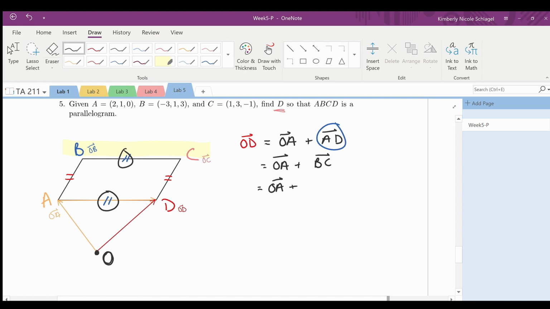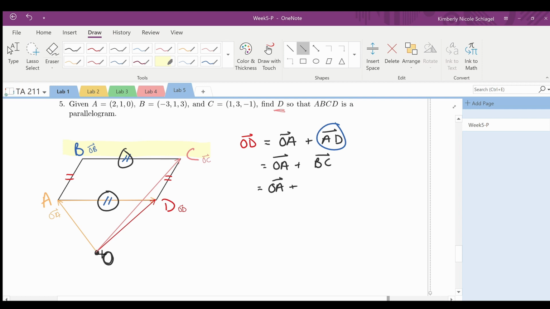So similar to last time, we're going to want to take something that we know and subtract something else. Okay, so I'm going to just go from OC. So I'm going to write OC here. So we have OC, right, guys? And what we're going to do is take OC and subtract OB.